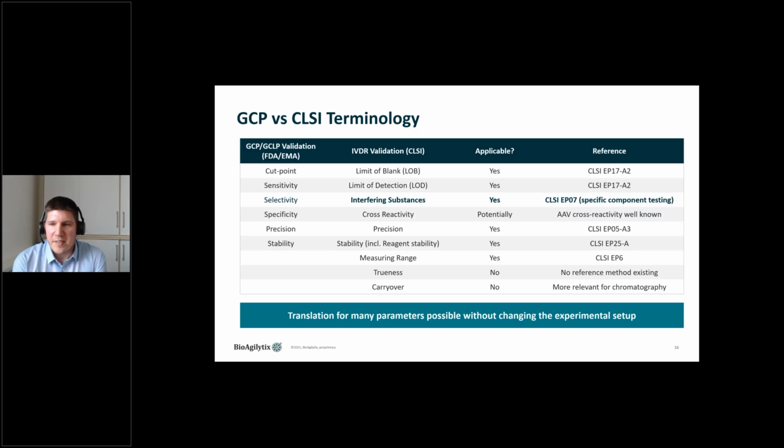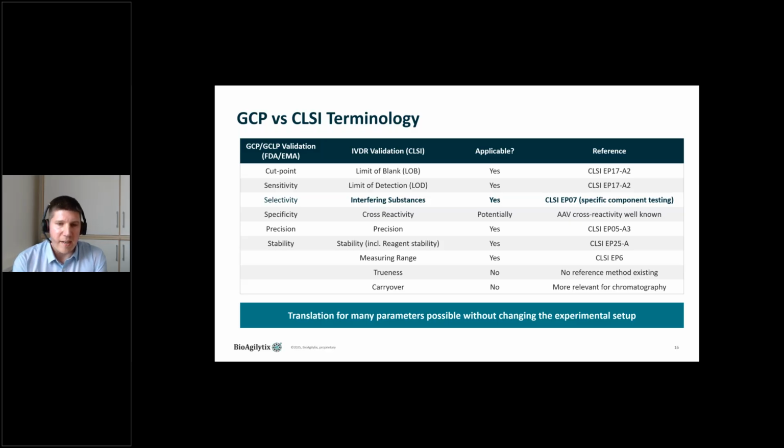And if you do this, and I've put in some references here, for example, for the cut point, if you look at how CLSI is defining the limit of blank, this is more or less the same approach we're using to set the cut point.